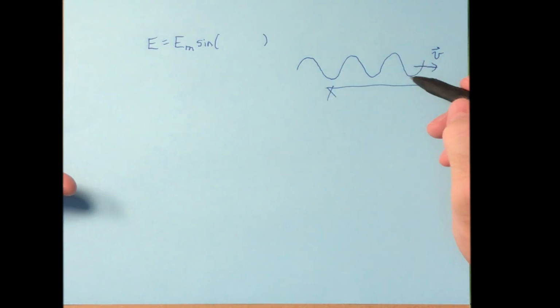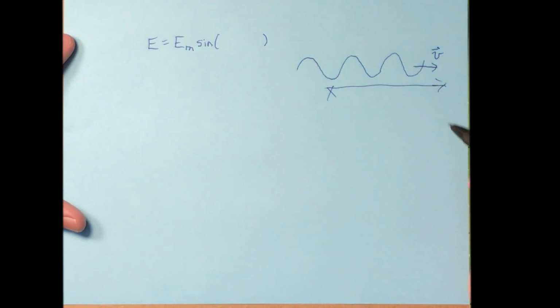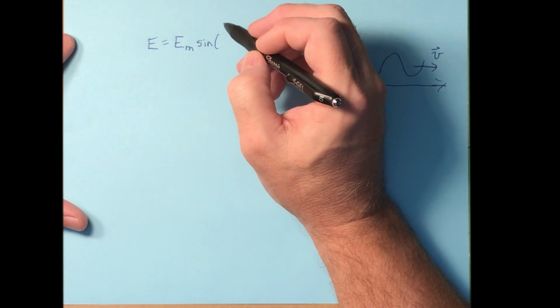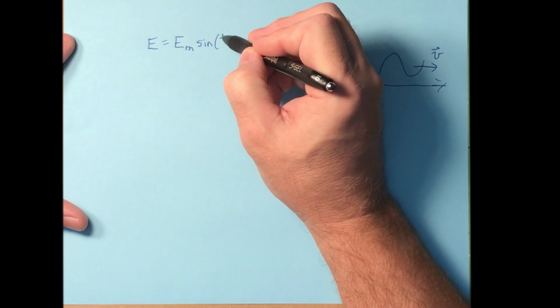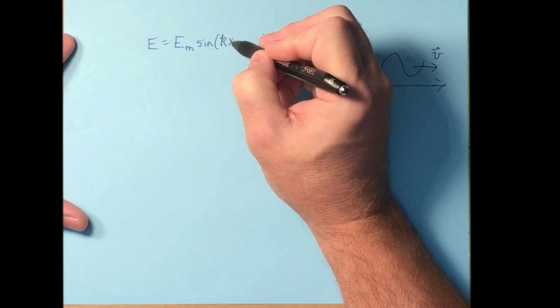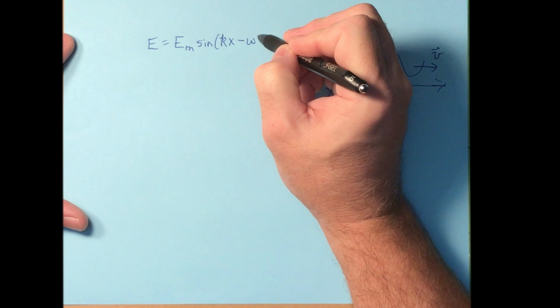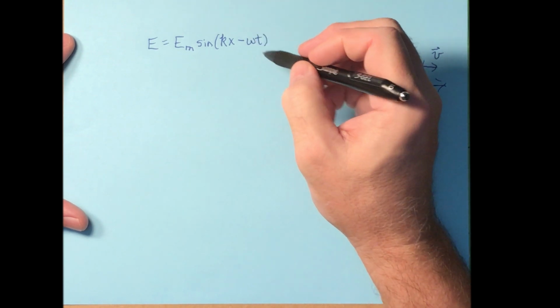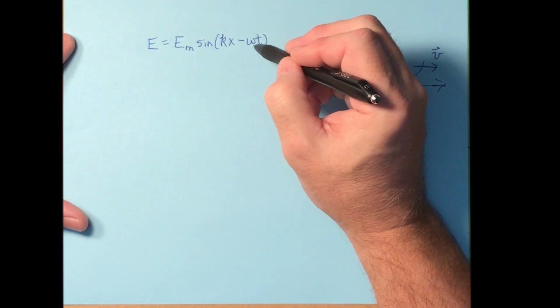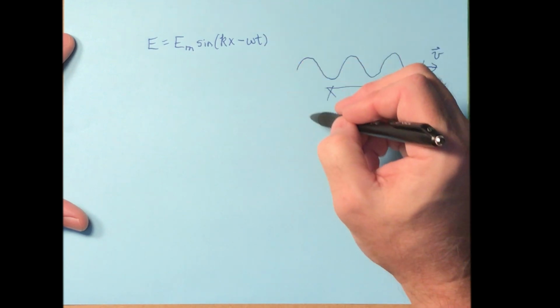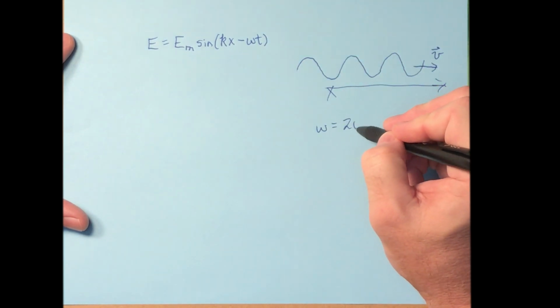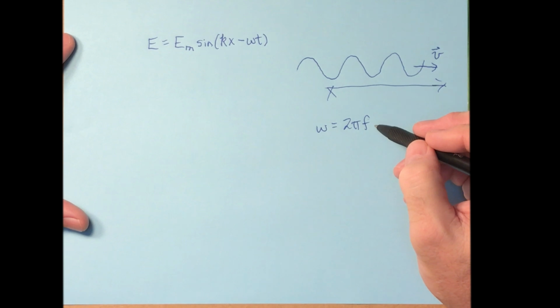And when we do that, I'm not going to derive this for you, there's no need to, but what goes inside here is k times x minus omega t. Now the omega you recognize, that is the angular frequency. Omega is 2 pi times the standard frequency.